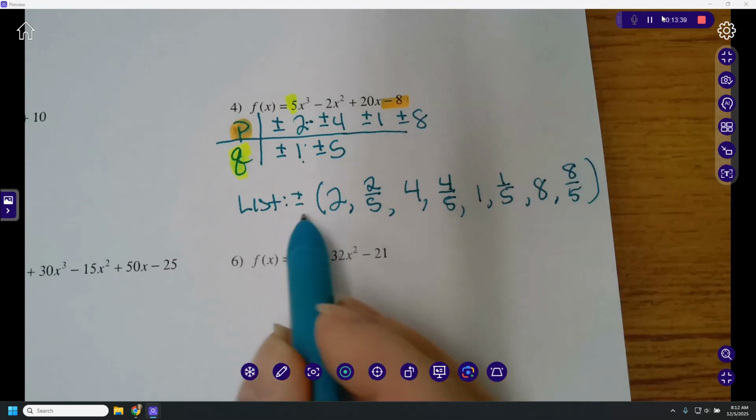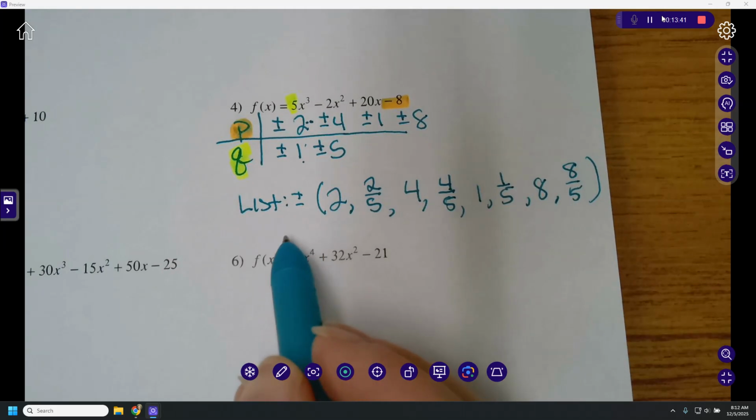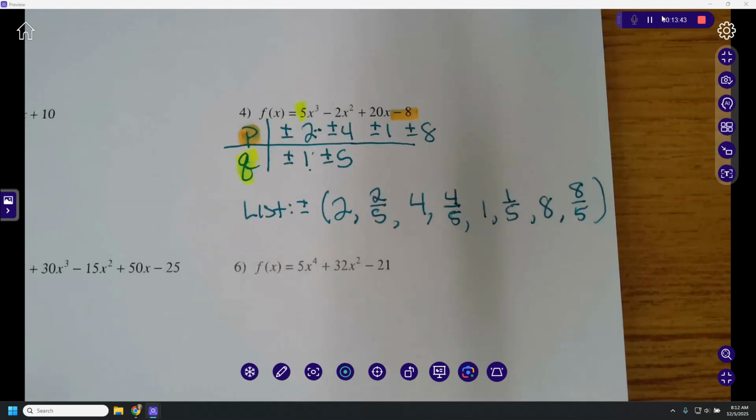And notice I just put a plus or minus in front with a parentheses. That way I don't have to keep writing plus or minus a bunch of times. In this top section, you do not have to go graph after that, okay? By the way, for graphing, you can use a graphing calculator or you can use Decimus.